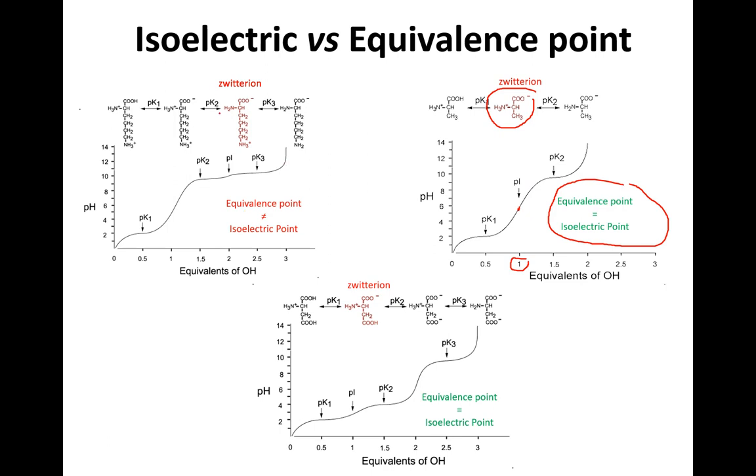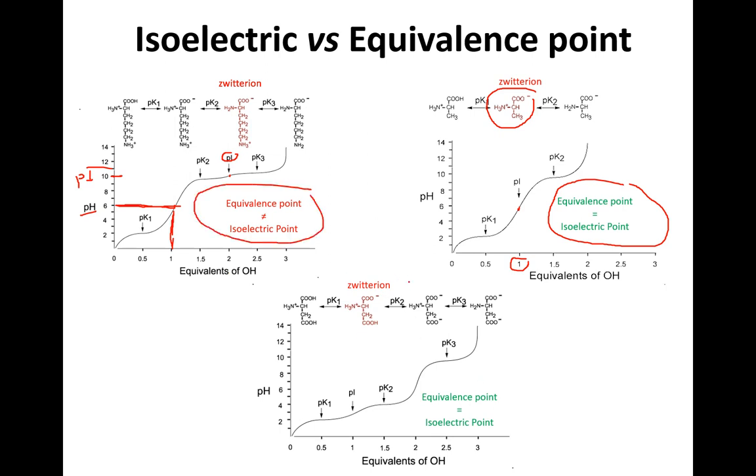When it comes to lysine, which we just went through, the isoelectric point is this pH value that you reach at this point right here. This will be your isoelectric point, whereas your equivalence point will be the one that you reach at this point right here. Sorry, not perfect, but that's your equivalence point. So they are different.